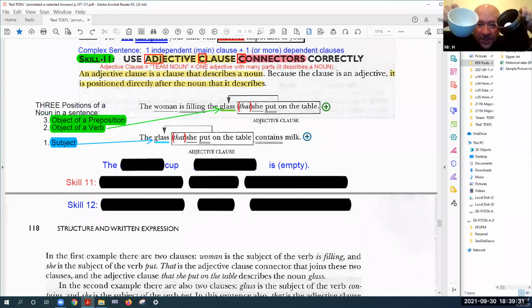Which cup is empty? The left. Use the color. Tell me the color. The blue one. It's not blue. Can you see the color, guys? Which color is it? White. The white one. So the white cup is empty.